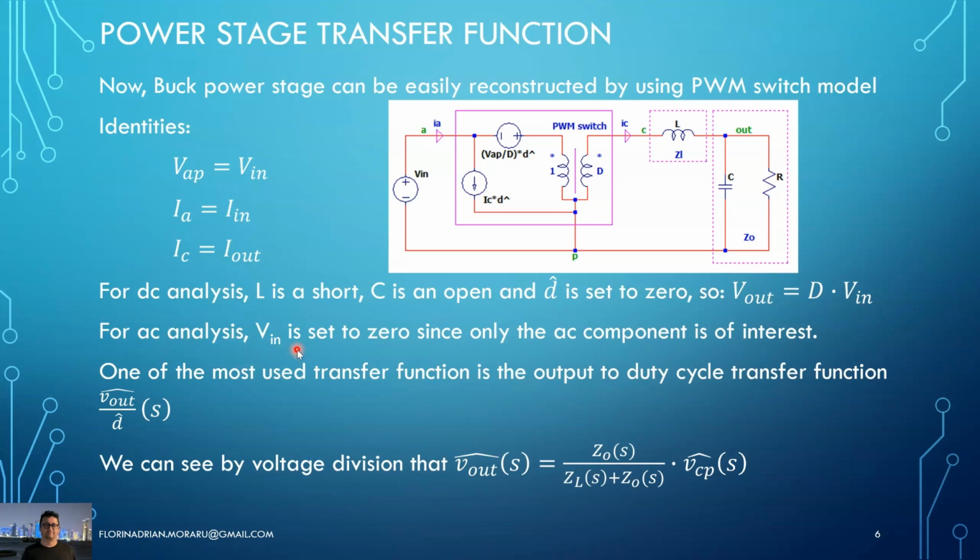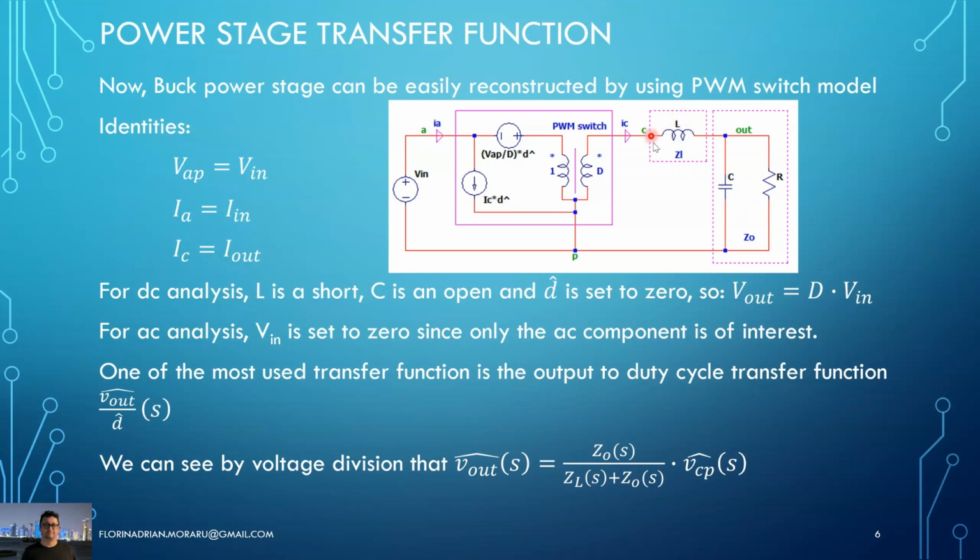For an AC analysis, any DC voltage source is simply zero, because an ideal voltage source has zero impedance, so it's just a short circuit. Now, one of the most used transfer functions we are looking at is the output voltage over duty cycle. We can see the output voltage here, and we can identify two impedances.